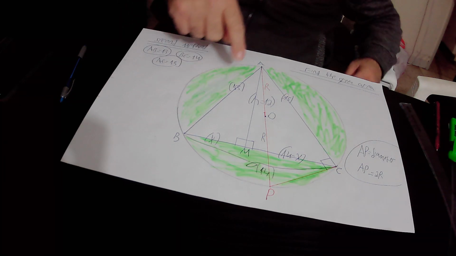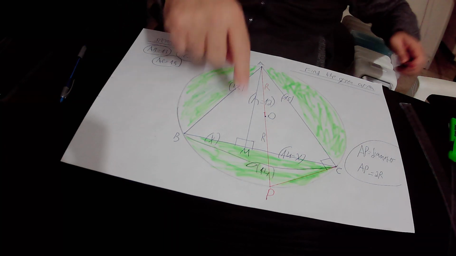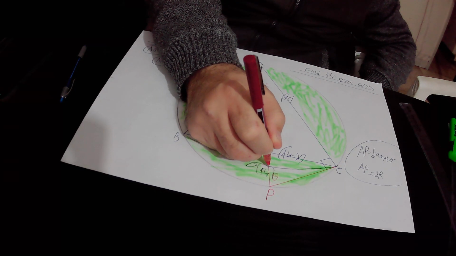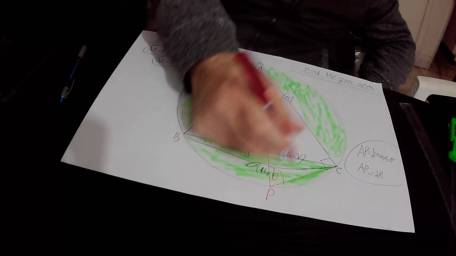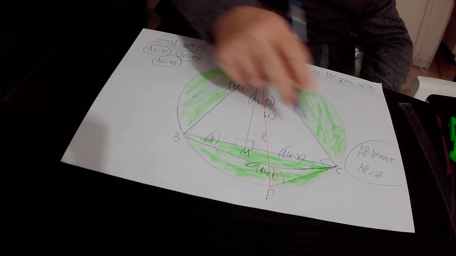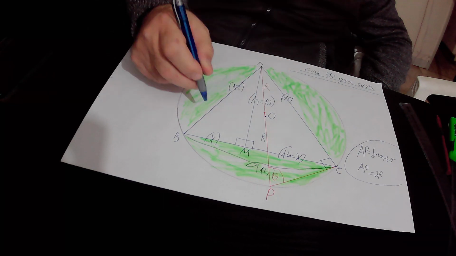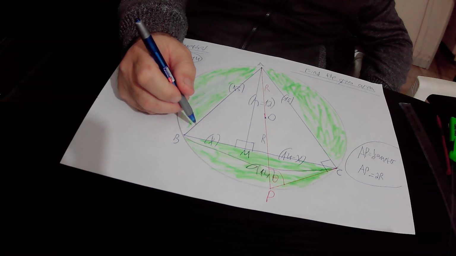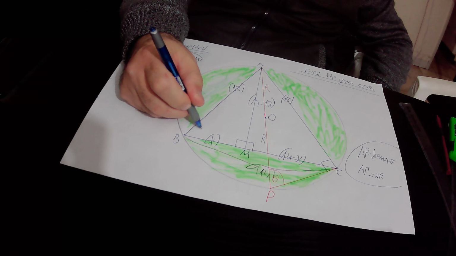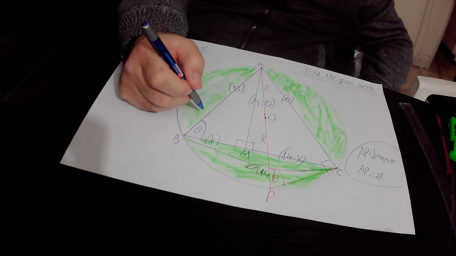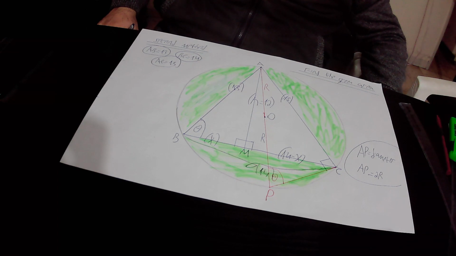That is to say, if we define peripheral angle APC as theta, then this peripheral angle ABC that rests on the same chord AC must also be equal to theta, according to rule number 8, of course.